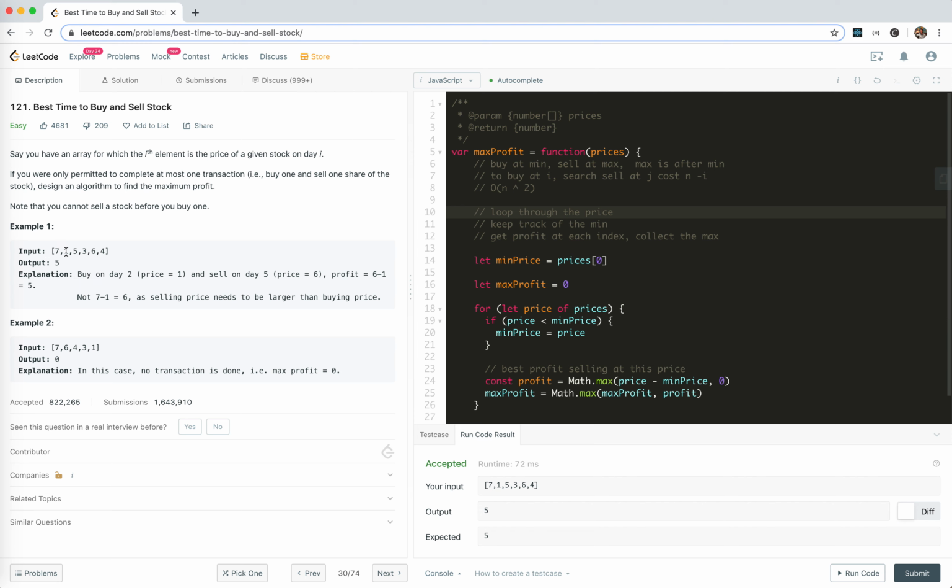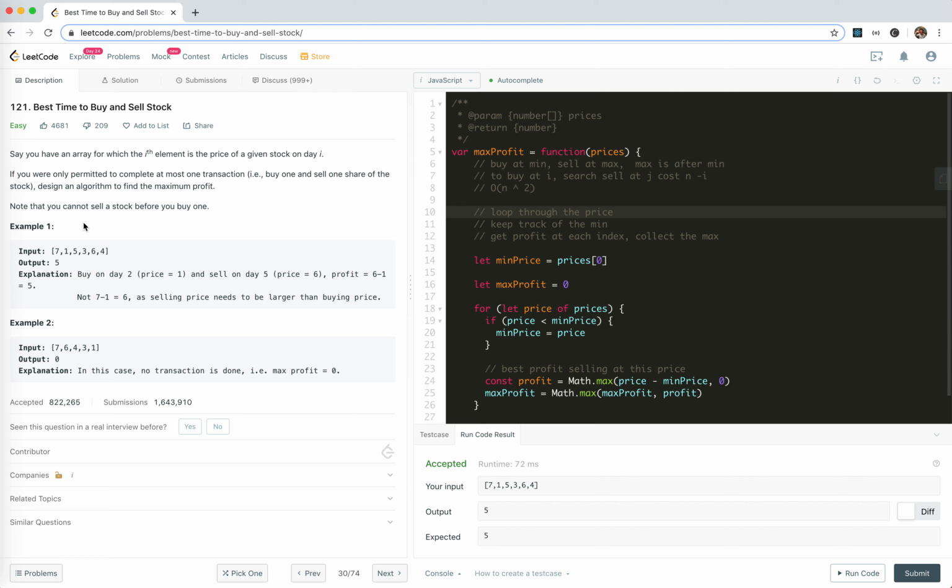One more piece of advice is to think of the problem not as starting from some point but as ending at some point. Here, if we say we buy at a specific index, then from the original direction we need to find the max.